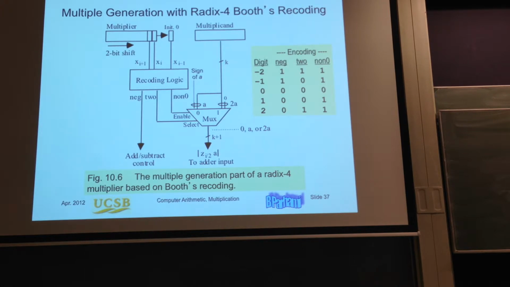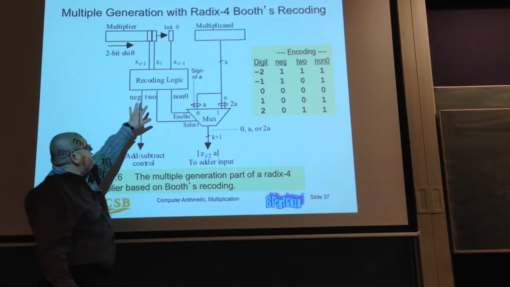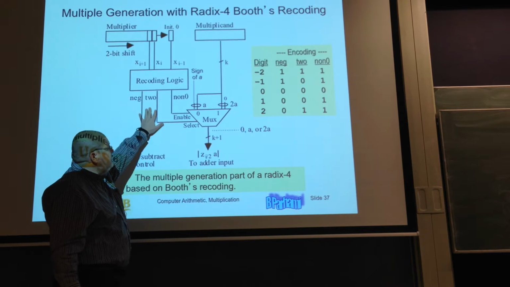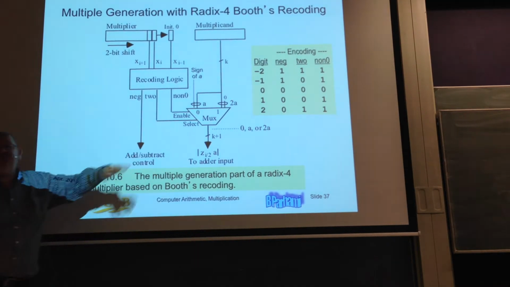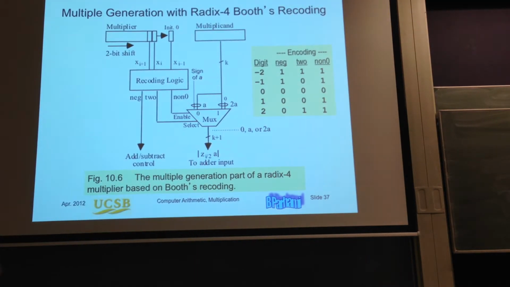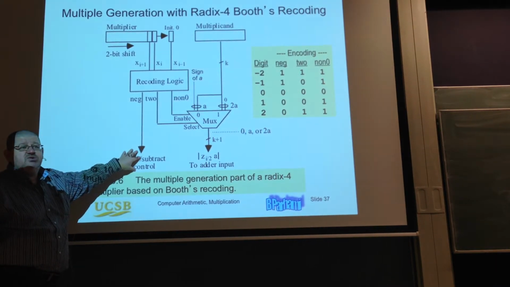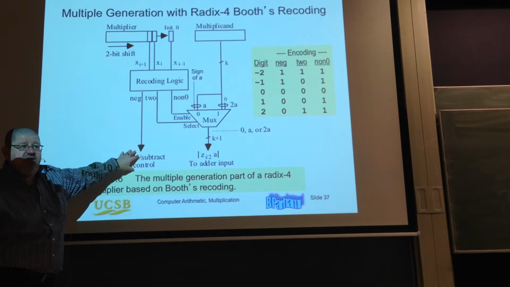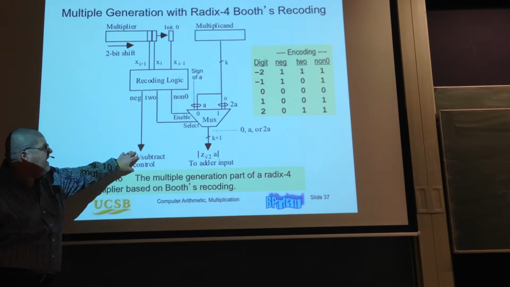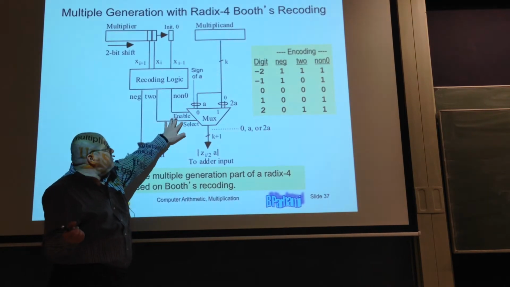Now you take these 3 bits, and based on these 3 bits, you actually determine what will be the input for your adder. First of all, you say add or subtract, which is the carry signal into the adder, and then you will determine the magnitude.